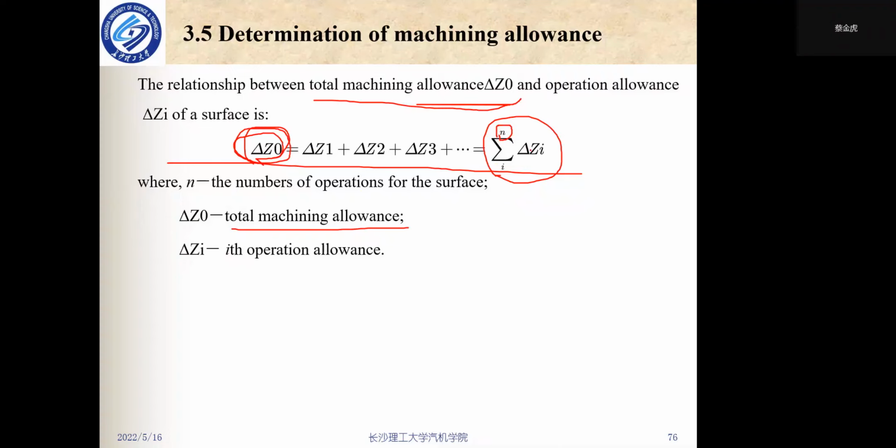So the total machining allowance can be calculated directly based on the operation allowance, simply by the summation of the operation allowances.